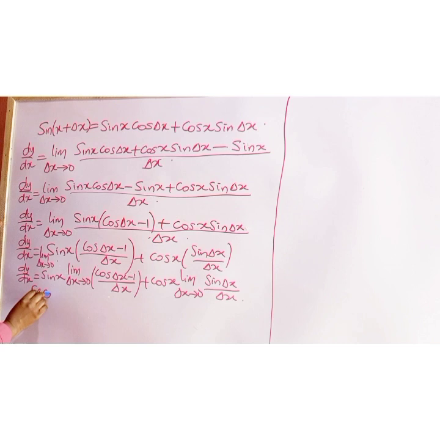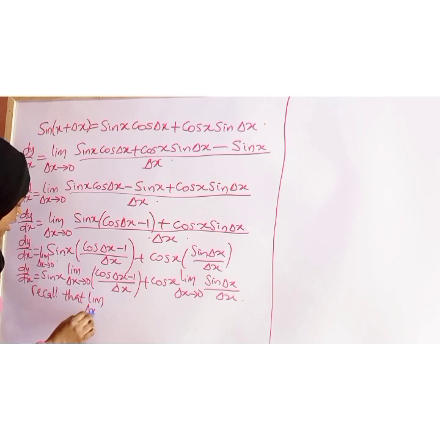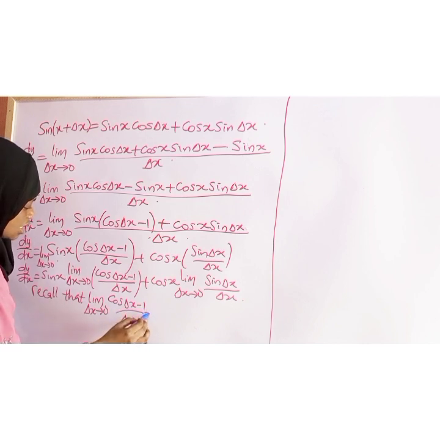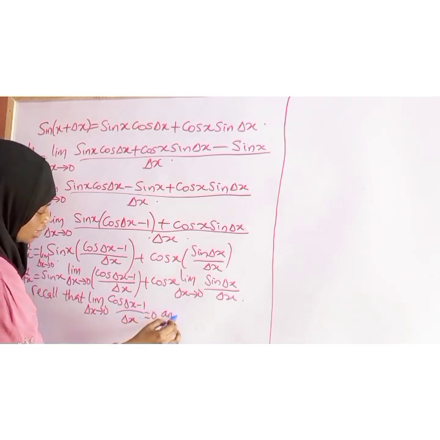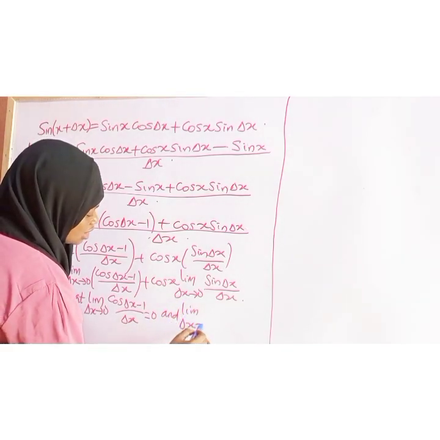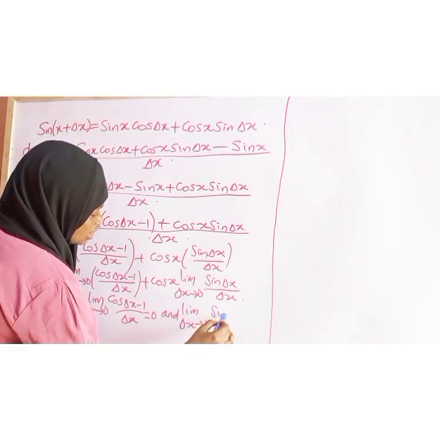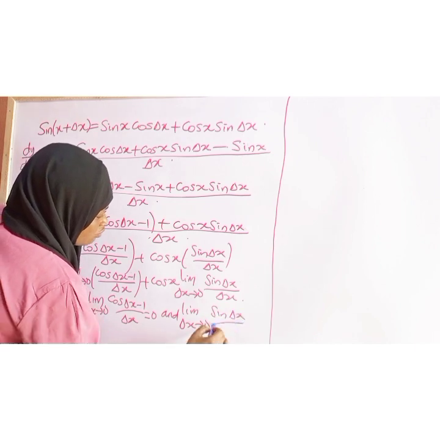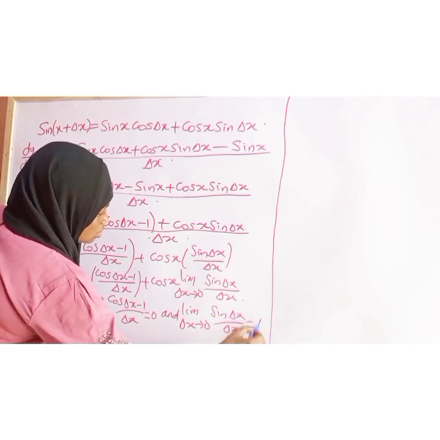Recall, you have to recall that the limit as change in x tends to 0 of cos change in x minus 1 over change in x is equal to 0, and the limit as change in x tends to 0 of sine change in x over change in x is equal to 1.